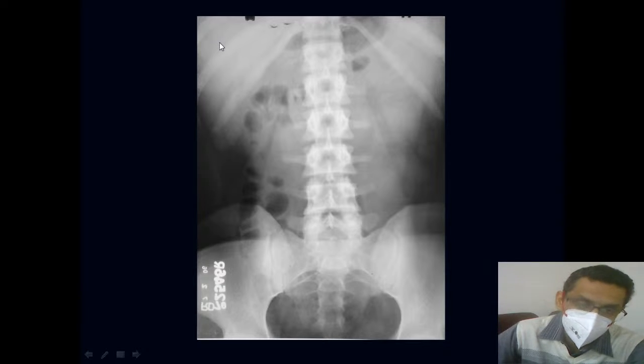So with our anatomical background, we would know that the soft tissue density seen in the right hypochondrium is the density of the liver. One seen in the left hypochondrium is the density of the spleen. This density, you can see a sharply marginated line to this density. This is what? This is a muscle.